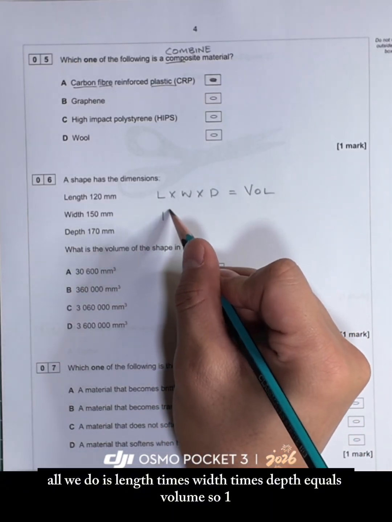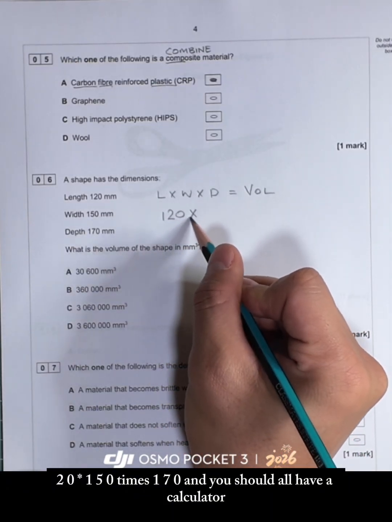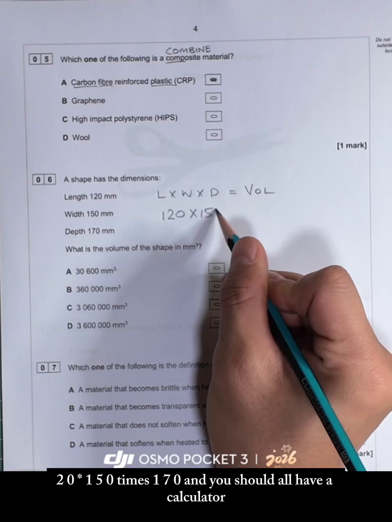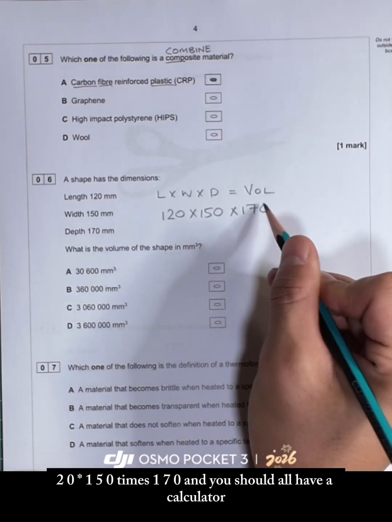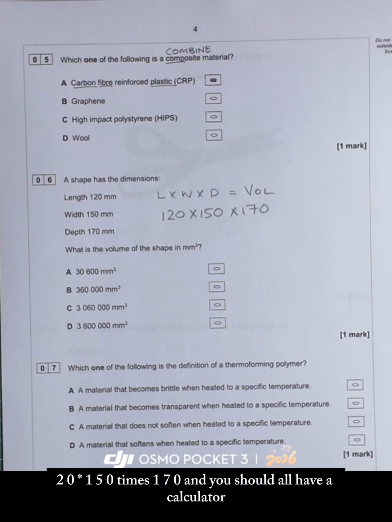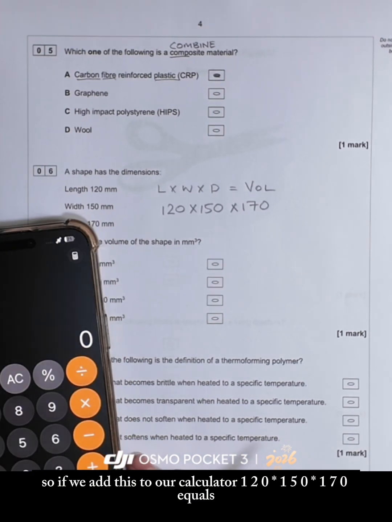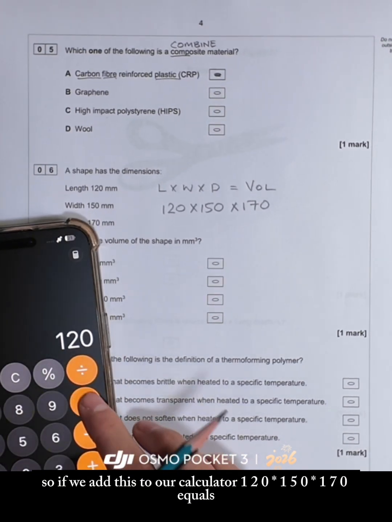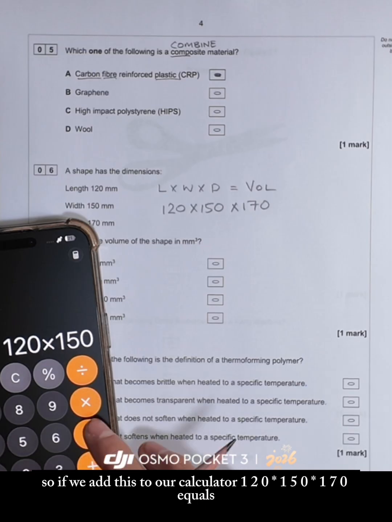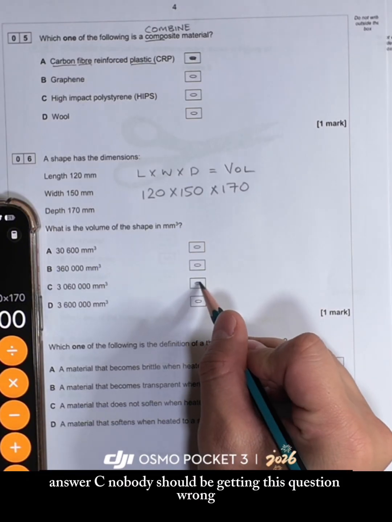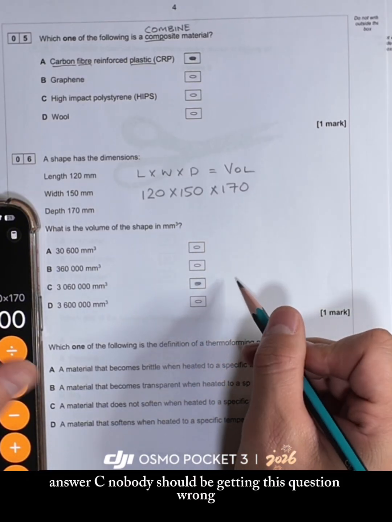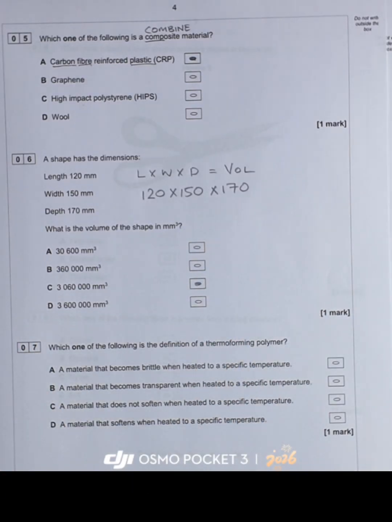So 120 times 150 times 170, and you should all have a calculator. So if we add this to our calculator, 120 times 150 times 170 equals answer C. Nobody should be getting this question wrong.